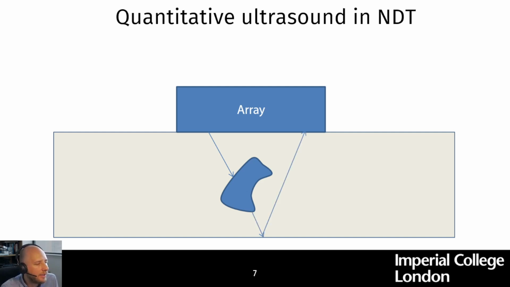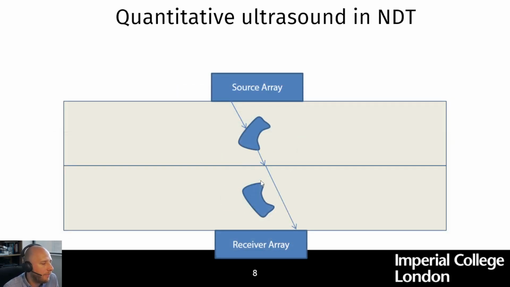But what we can use instead are the waves transmitted through this region, reflected off the back wall, and measured back at the array like this. So that's our setup, and that gives us access to this transmitted data, which should encode some information about what's going on within the defect region.